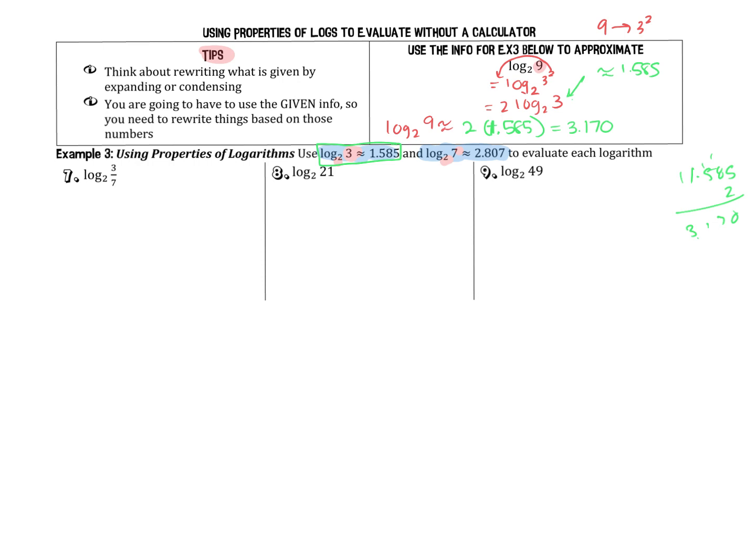So here on example 7, we're looking at log base 2 of 3 divided by 7. Well, we know what log base 2 of 3 is, and we know what log base 2 of 7 is, and we know that this could be expanded using subtraction. What that means is log base 2 of 3 over 7 is going to be approximately, well, what's log base 2 of 3? 1.585.